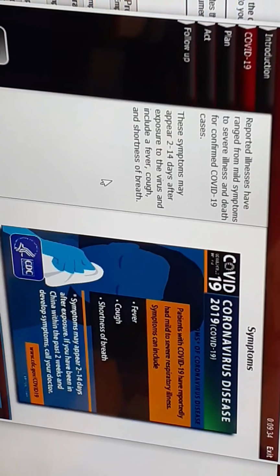Reported illnesses have ranged from mild symptoms to severe illness and death for confirmed COVID-19 cases. These symptoms may appear 2 to 14 days after exposure to the virus and include a fever, cough, and shortness of breath.